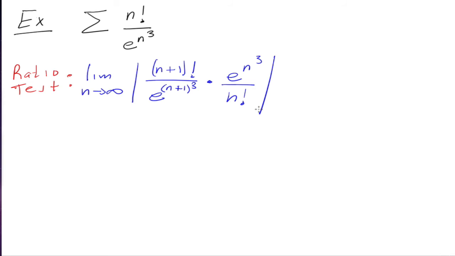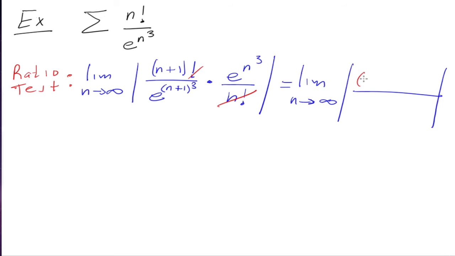So then this is equal to the limit as n goes to infinity of, let's see, what can I simplify? The n plus 1 factorial and the n factorial turn into just n plus 1 on top, right? And then the e to the n cubed over e to the (n plus 1) cubed.